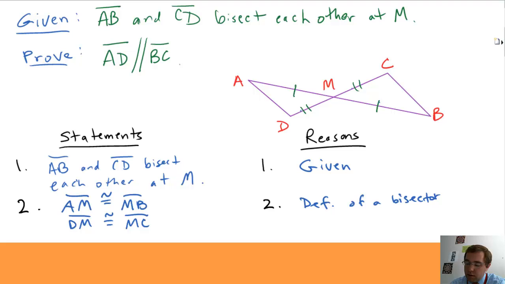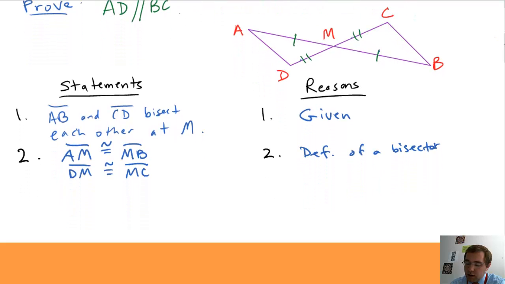Now, do I know that these triangles are congruent? Well, I have two sets of sides that are congruent. I don't see a way I could get the other pair of sides congruent, but I do know that I have two angles in the middle here that are congruent because they are what kind of angles? Good, vertical angles. Very good.